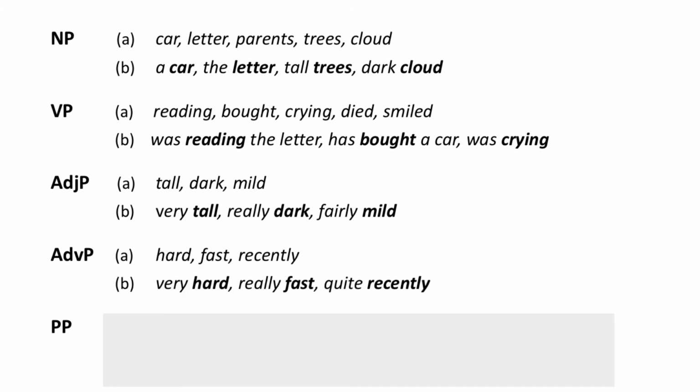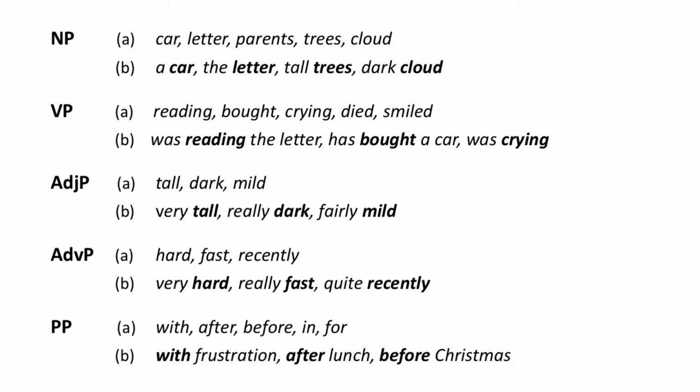And next, hard, fast, and recently are adverb phrases, as well as very hard, really fast, and quite recently. And finally, with, after, before, in, and for are preposition phrases, as well as with frustration, after lunch, and before Christmas.